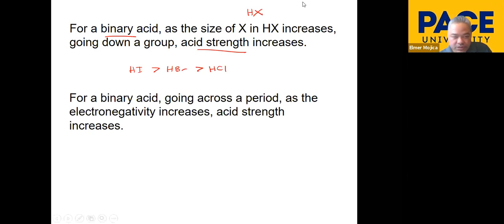Now, within a period, going from left to right or across a period, as the electronegativity increases, acid strength increases. How do we explain this? What is electronegativity?